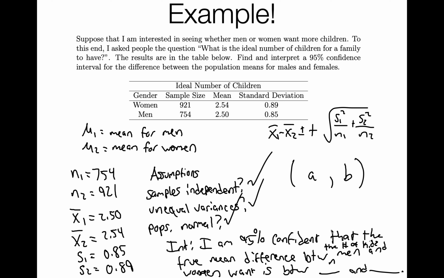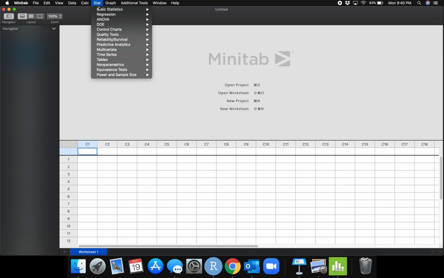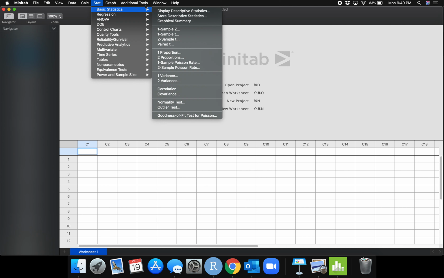So now with that being said, let's actually find A and B. And to do this, we're going to have to go to Minitab. So let's do that very quickly. Okay, here's our opening Minitab. We're going to go to Stat, Basic Statistics, and then 2-Sample t.